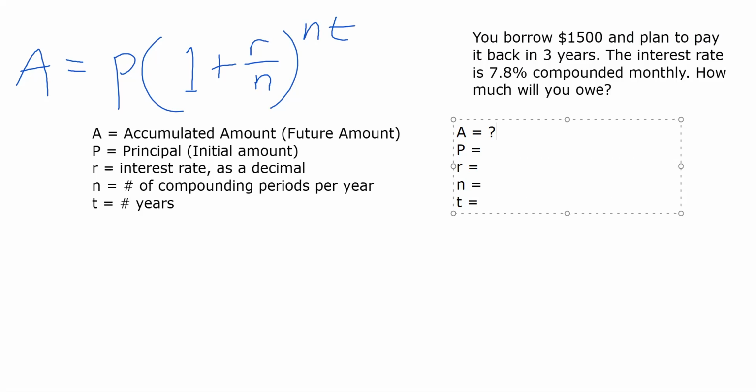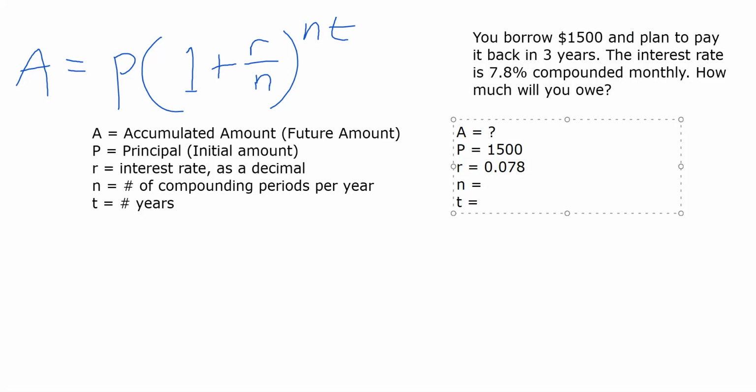So I'm going to put a question mark there, and when we actually do the formula, I'm going to put the variable A into the formula and not a number for it. P is the principal. It's the initial amount, the amount borrowed in this case. R is going to be the interest rate, but we need to express it as a decimal when we actually sit down and do the math. You'll hear it quoted as a percent in reality, but when you're actually doing the math, you're going to need to write it as a decimal.